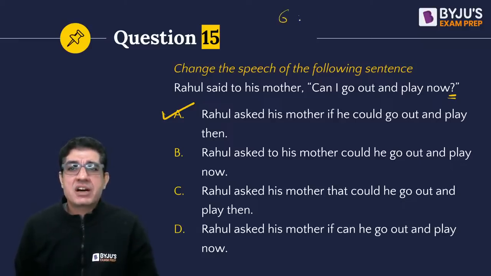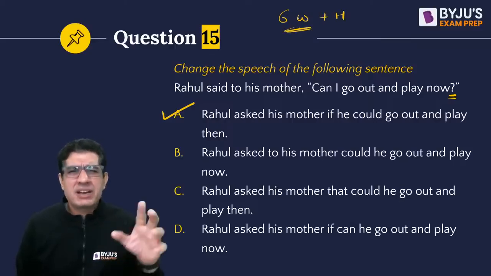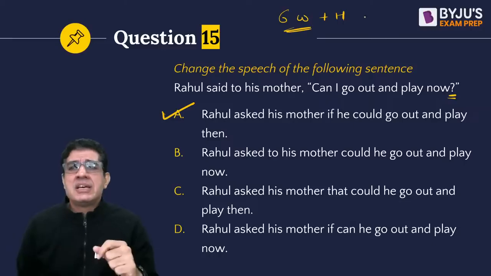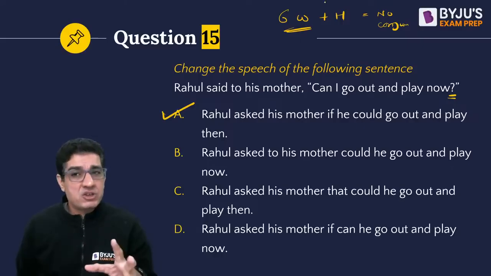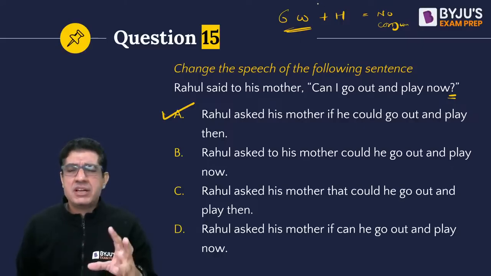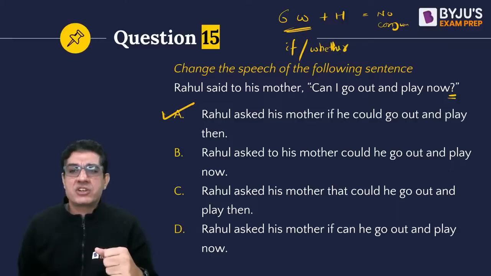So if the question starts with one of these 7 words, okay, 6 W's, what, when, why, where, who, and then how, then you do not need any conjunction. On the other hand, if your question does not have any of these, if it's a close-ended question where the answer will be just yes or no, then you use either if or whether as your conjunction.